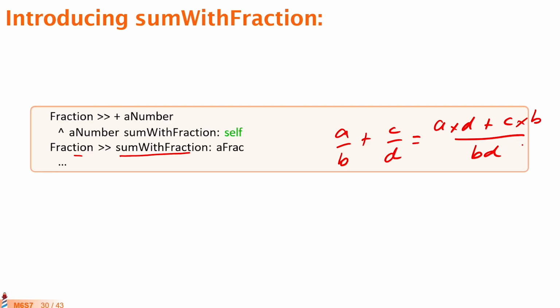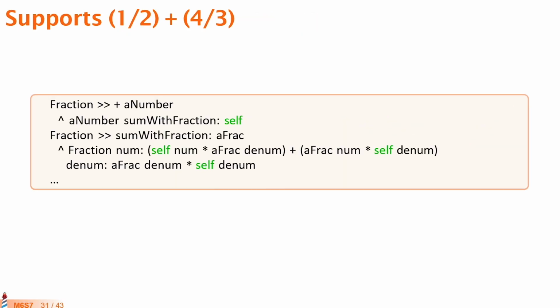So let's do it. This is a bit verbose because I send messages, but I create a fraction with a numerator and a denominator, and this is done. Now this code supports this, because when I send the message plus, I will select the plus in the class fraction, and then I will do sum with fraction. So this is a fraction, so I will create these kinds of things.